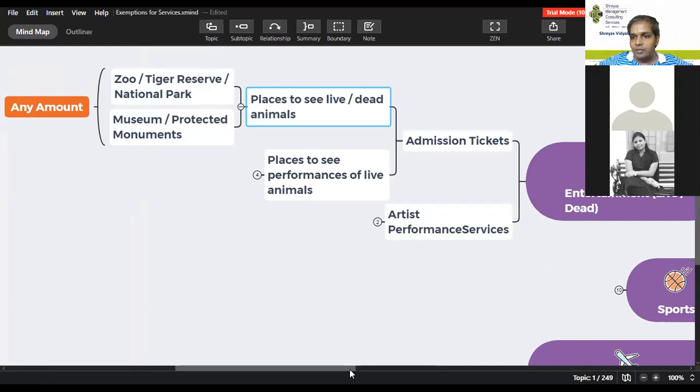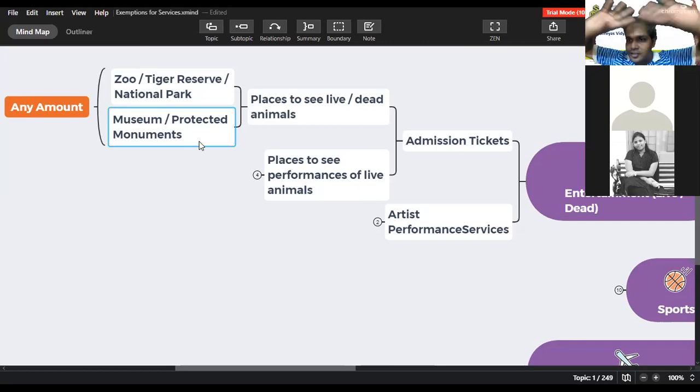Dead animals, where you see them, is a museum. Museums are exempt from GST. Of course, not just animals, but protected monuments too. For example, you are visiting the Taj Mahal. The Taj Mahal is a protected monument under the Archaeological Survey of India, ASI, or UNESCO. They maintain various historical monuments.